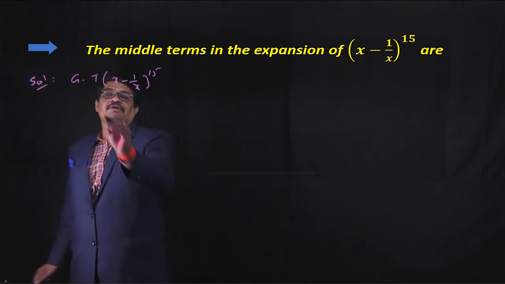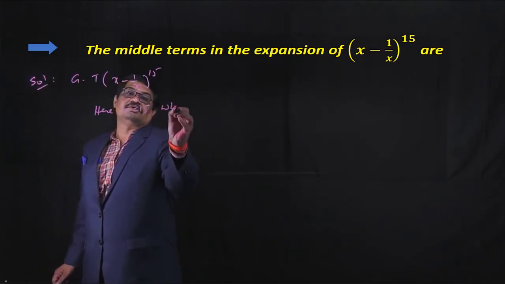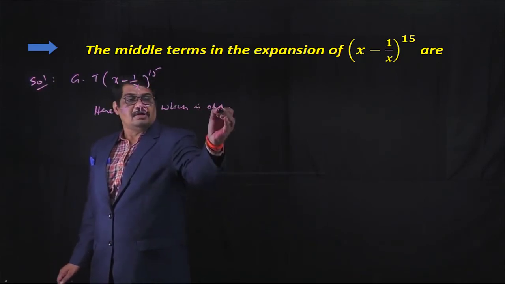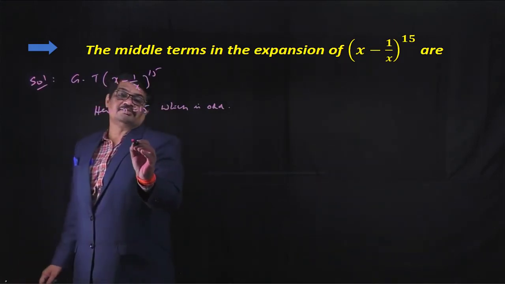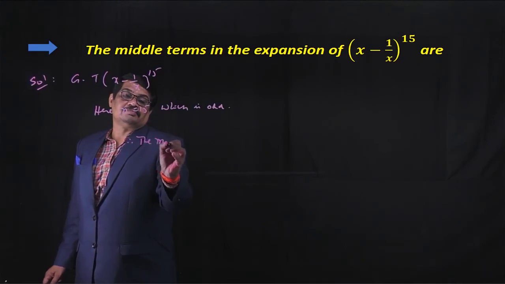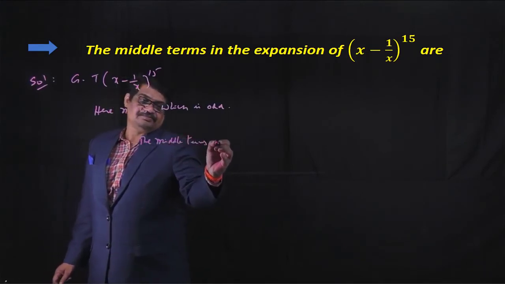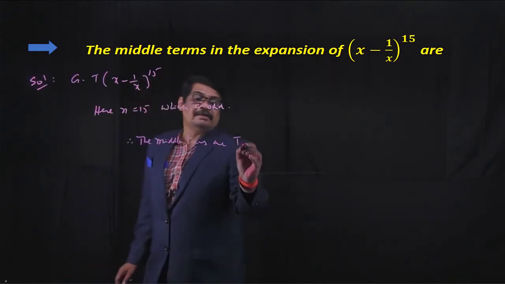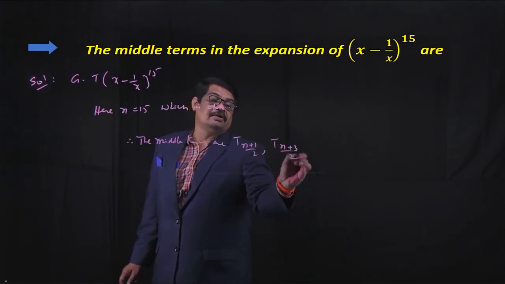So here n is 15, which is an odd number. If it is an odd number, then there are two middle terms. Therefore, the middle terms are T(n+1)/2 and T(n+3)/2.